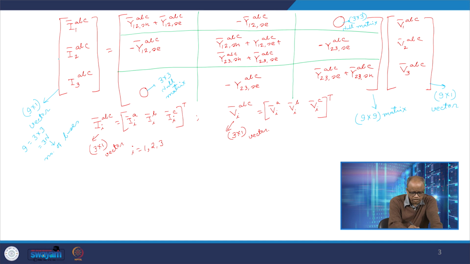So for an n bus system, I recall that this vector is called the I injected vector. Therefore for an n bus 3 phase unbalanced network, the equation is again I is equal to YV.